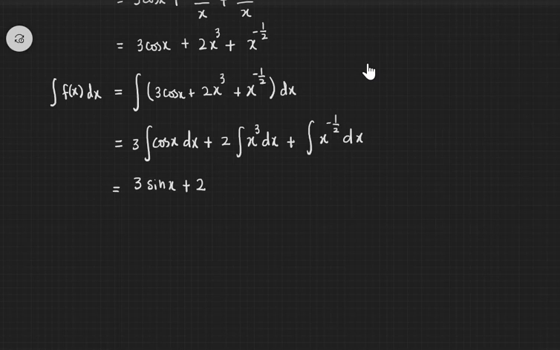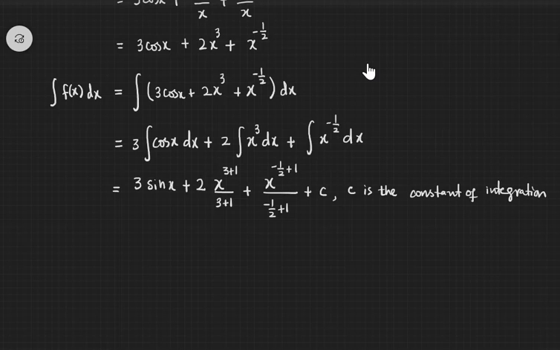So just now I told you this should be the integral of the power function, so that should be x power 3 plus 1 divided by 3 plus 1, plus x power minus 1 upon 2 plus 1 divided by minus 1 upon 2 plus 1, plus c, where c is the constant of integration.